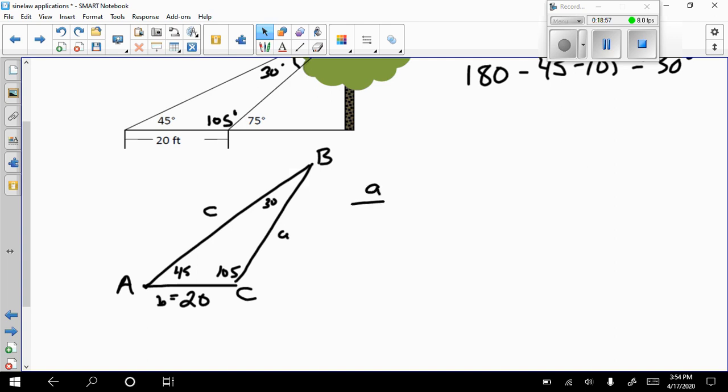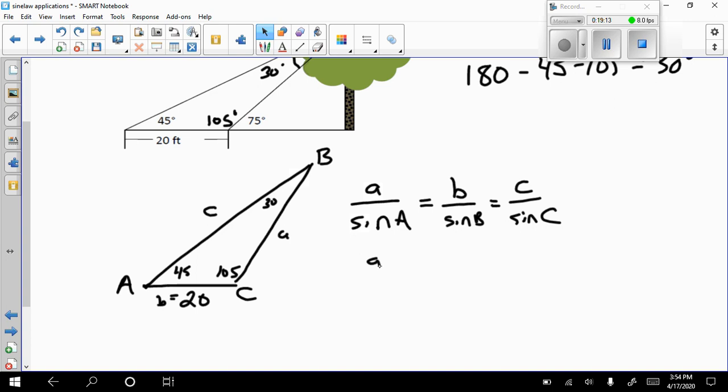So I'm going to go a over sine A is equal to b over sine B and c over sine C. Okay, so here we go.